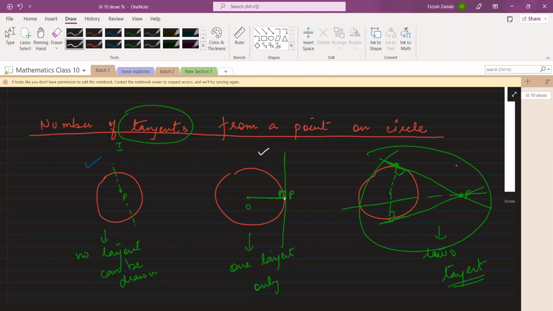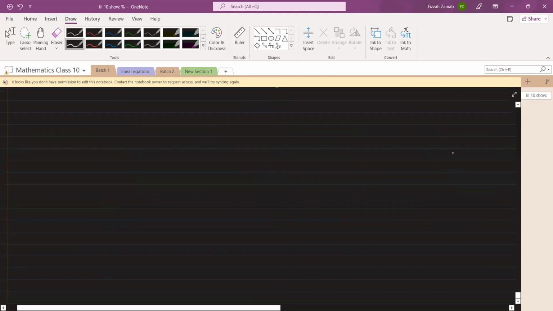Side, then two tangents are possible, right? Now there is a theorem regarding length of tangent.